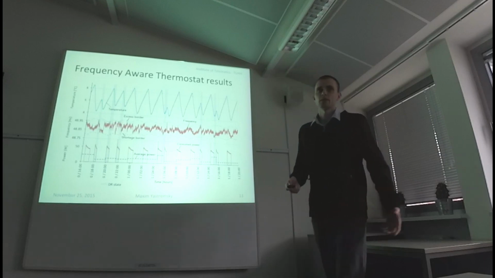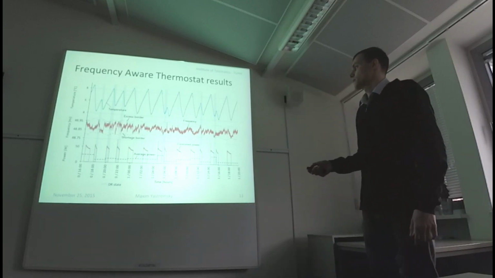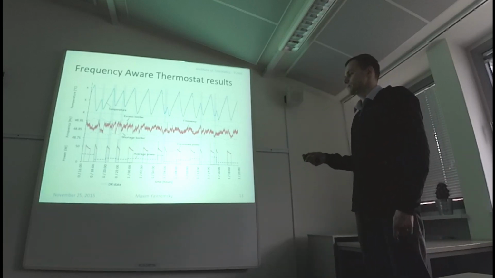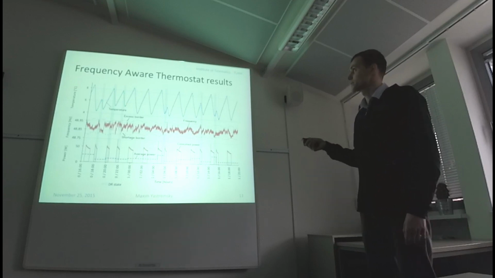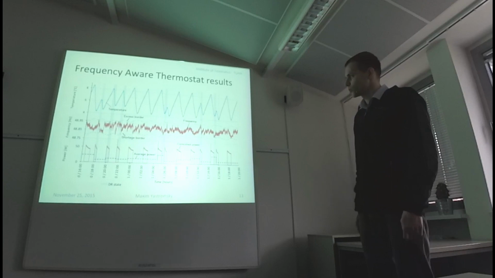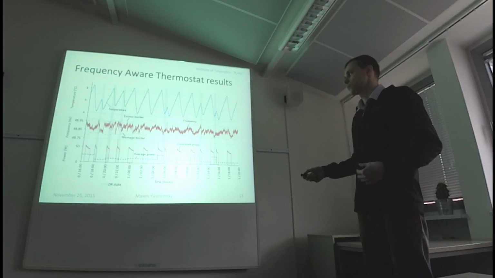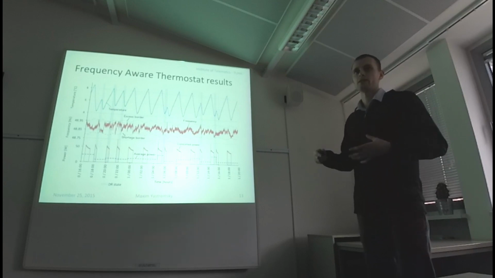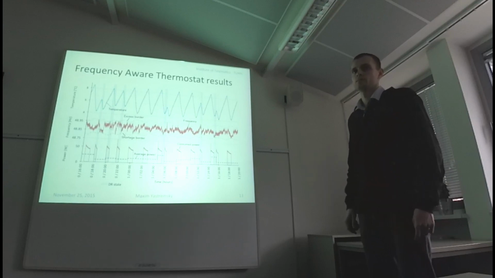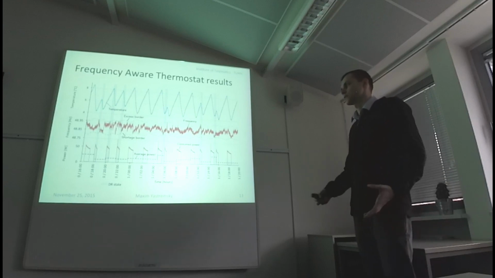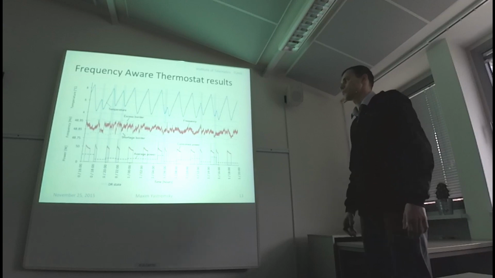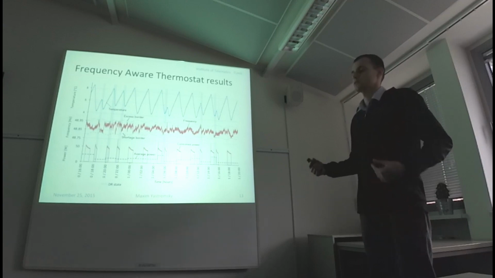So that basically means that the frequency-aware thermostat demand response approach can be better characterized just with the amount of power which it can consume more or leave out. That's why it's difficult to compare them, because they react differently.